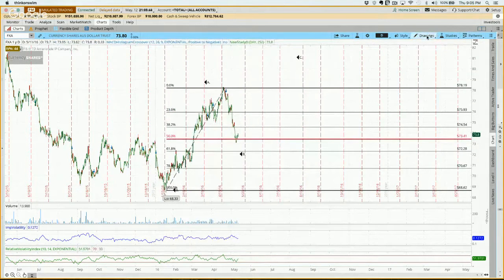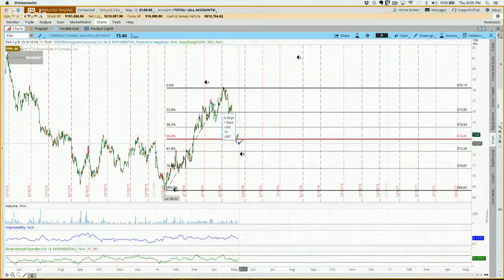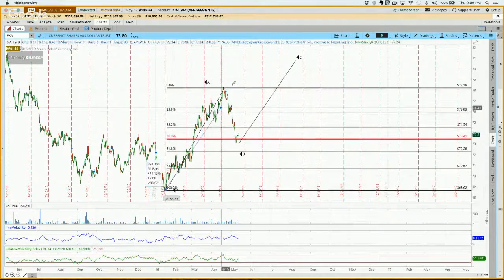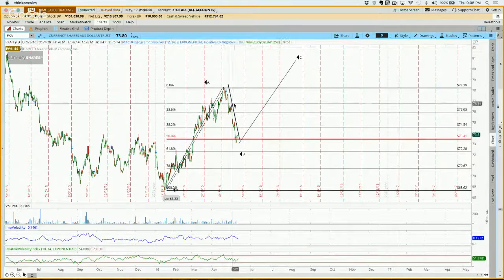Okay, so if I were to establish a vertical spread on FXA, I'm expecting FXA to rise from B to C. Okay, so this will be my first wave. This will be my second wave. It's a corrective ABC pattern.